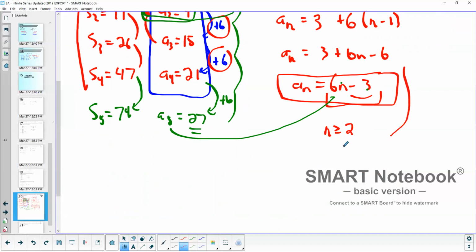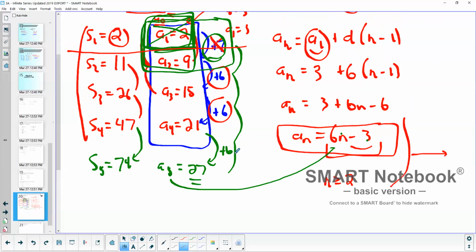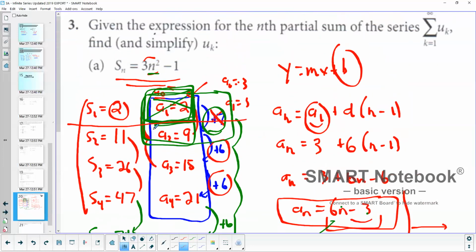And that is something we will find next section when we start exploring some of these different series that are not arithmetic and they're not geometric. It has some weird behavior going on early, but as long as that behavior kind of works itself out once you start moving further into the higher values of n, we're okay with that happening. So again, we'll address that in section 3B.